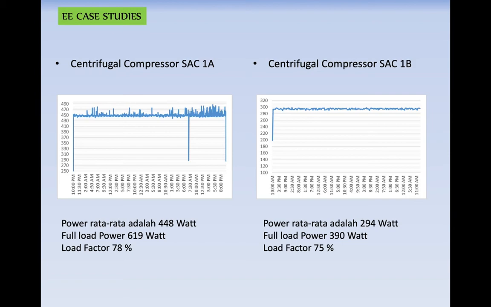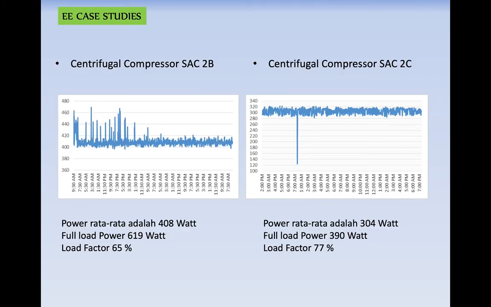This compressor has a full load power of about 390 kilowatt. So we can calculate the load factor of this compressor is about 75%. So we assume that both of these compressors are running with partial load most of their operation time.